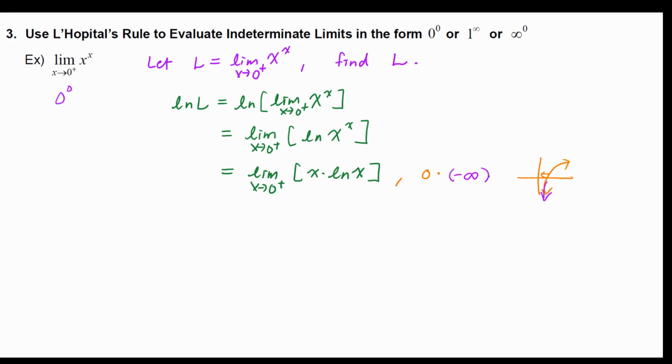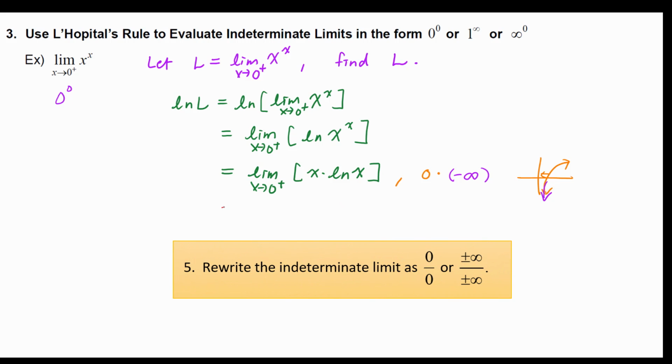However, I would like to rewrite this again as 0 over 0 or negative infinity over positive infinity. So now, which one should I bring down? Well, I know the derivative of ln x. And if I bring x down, it will be written as 1 over x, which is x to the negative 1 power, and I could take the derivative of that, no problem either.